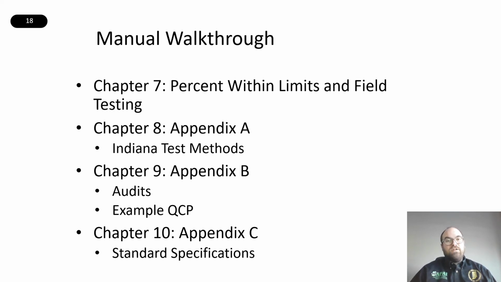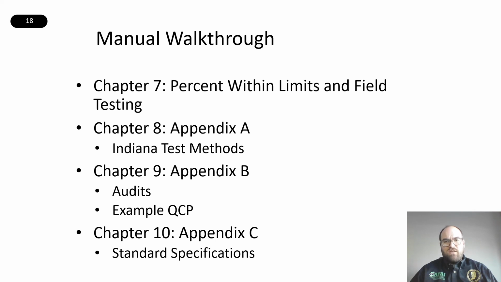And then we have 3 appendices. We have Appendix A, Tab 8, which is our Indiana test methods. Appendix B, Tab 9, which includes our audit checklist, the copies of those, and an example QCP, quality control plan, for a plant.